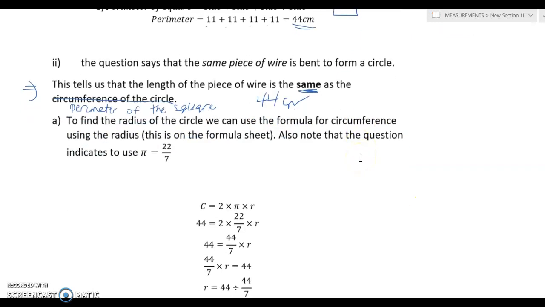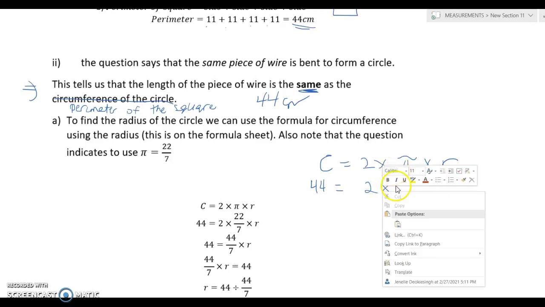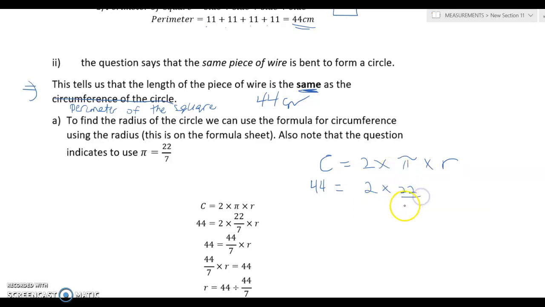So we know, if it's a circle, again, this formula is in the formula sheet. Circumference is equal to 2 times pi times r. The circumference of the circle, which is the same as the perimeter of the square, is 44 cm. To use pi as 22/7, and times r. We want to find out what r is.